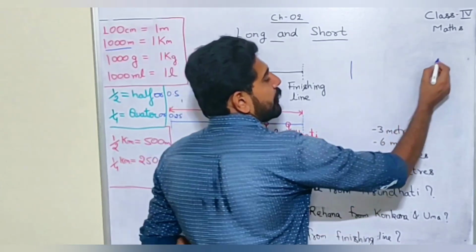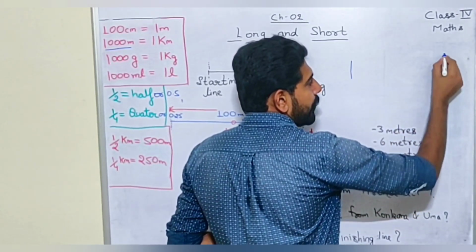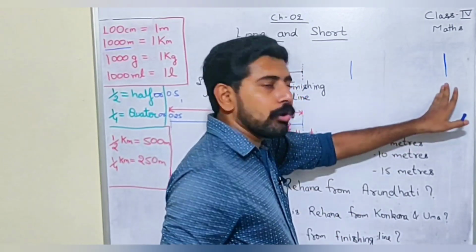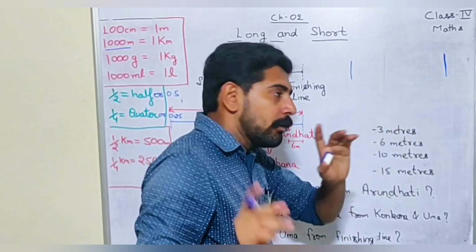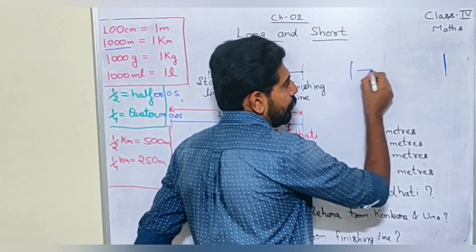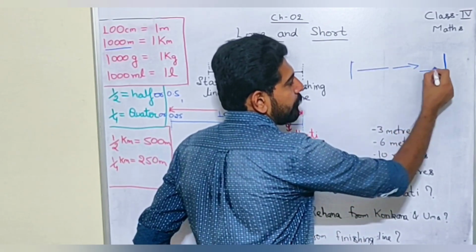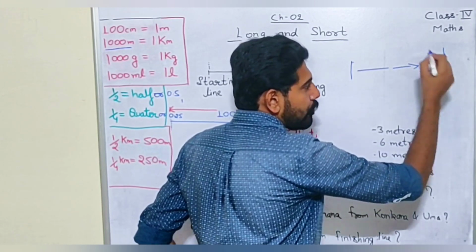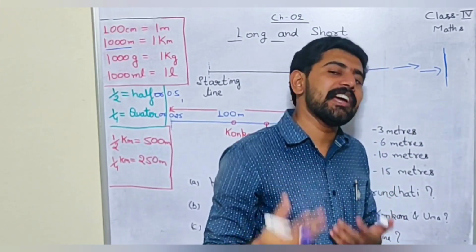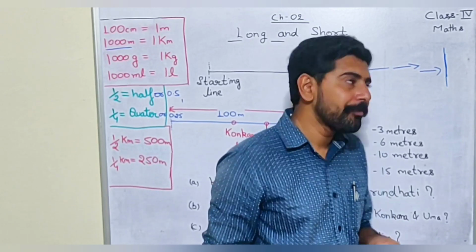Okay. Then at last in your front there is another line which is known as the finishing line. You have to take a start from this line, run very fast, and then cross this line as fast as possible. Yes, na?